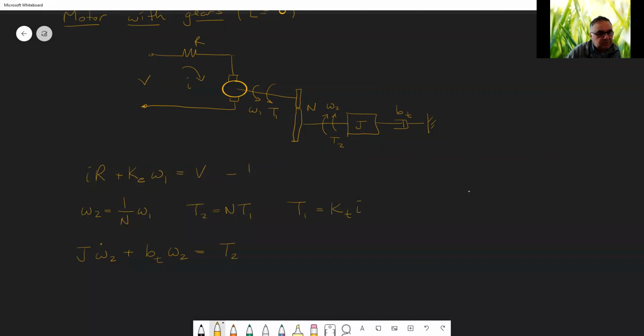Here I'm summing up the forces on the second mass. But T2 is nT1, and nT1 is n KT times I. Let's say that this is our second equation.